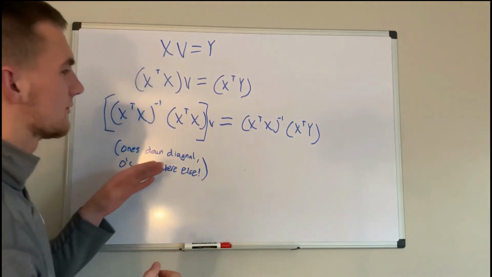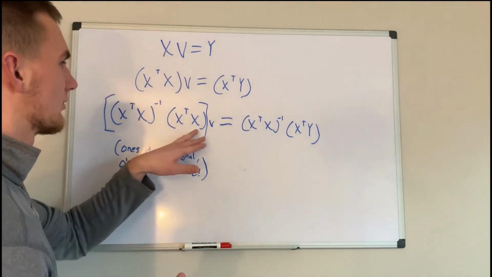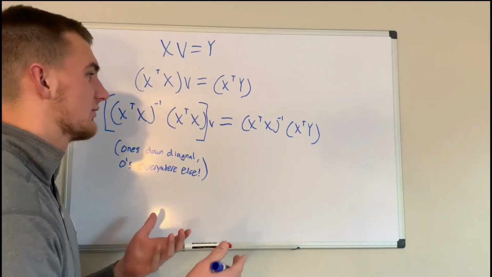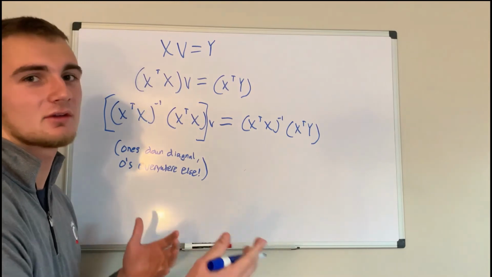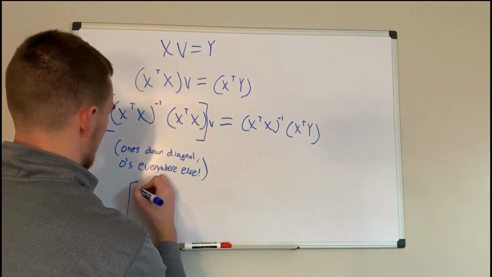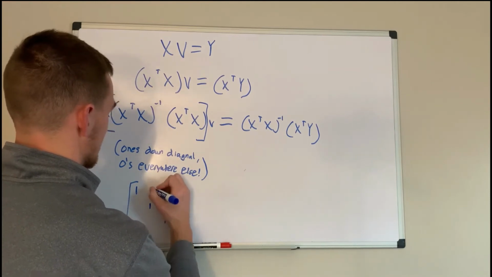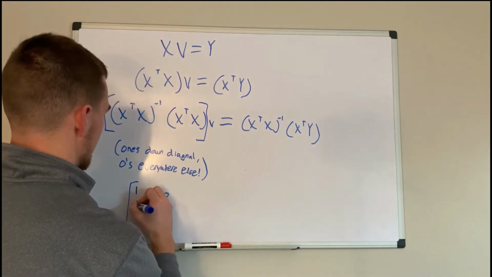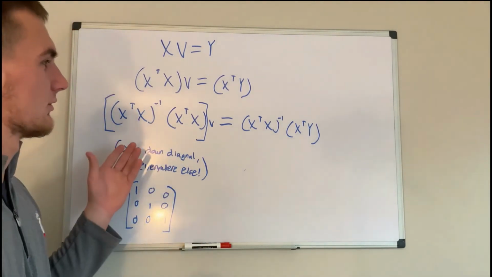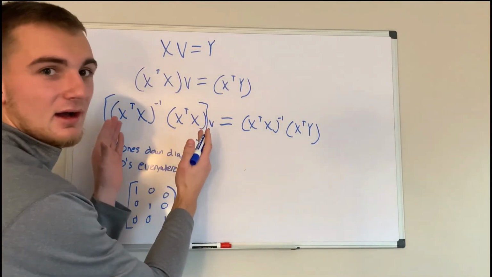Because of this, we can completely ignore this part of the equation. It's hard to see, so I'm just going to give you a visual of what this looks like. Again, ones down the diagonal and zeros everywhere else. Thus, we can ignore this entire identity matrix.